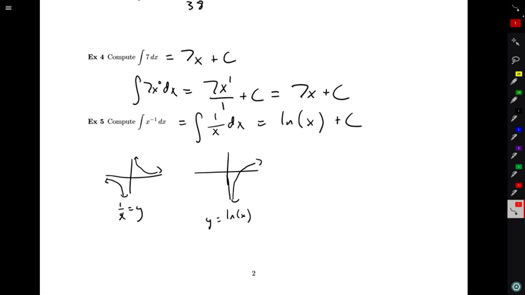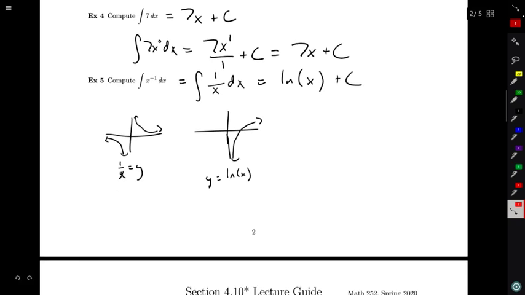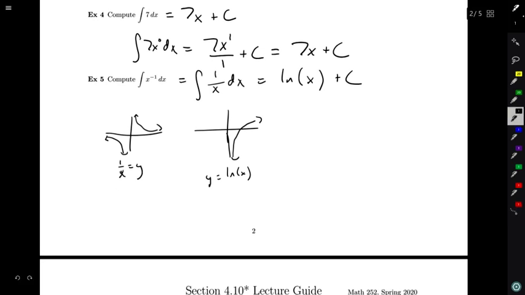So what we need to do is think about, well, what exactly is happening for the function 1 over x when x is negative? And the way that we're going to do this is we're going to say, well, let's think about this function here. Let's call it f of x being natural log of negative x.